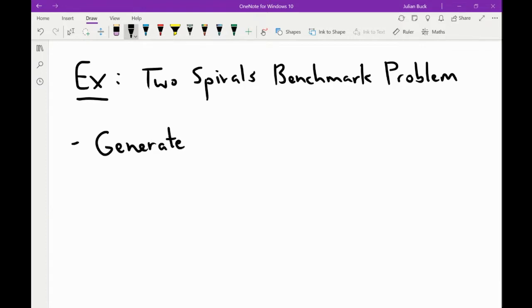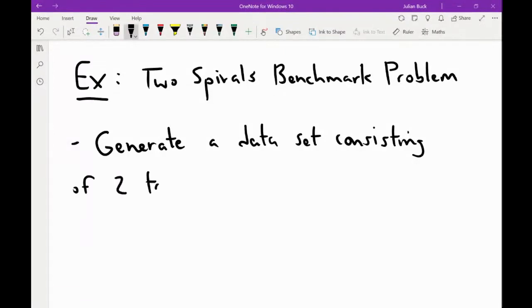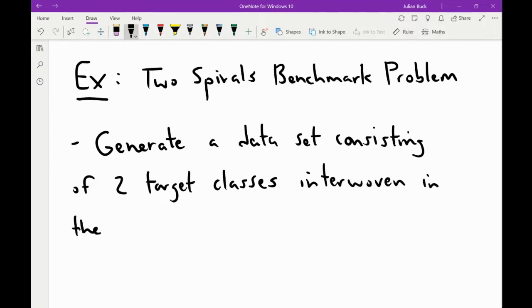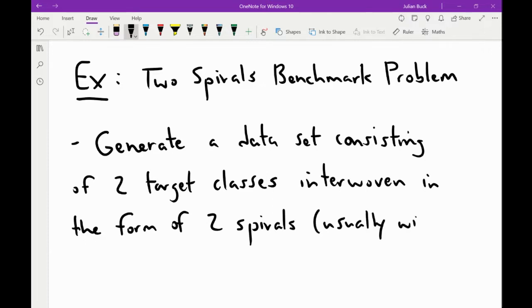So the idea behind the two spirals benchmark problem is the following. We generate a data set consisting of two target classes, so a binary classification problem, interwoven in the form of two spirals, usually with some Gaussian noise.